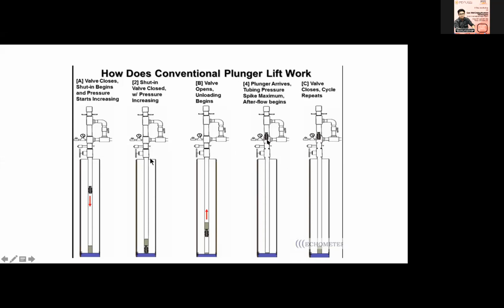As the plunger arrives, your tubing pressure will increase, your plunger will be sensed by your sensor, and then your plunger catcher will catch the plunger. So like that, you are going to have a cycle: valve shut in, valve open, plunger arrival, and then valve closes. And after that, you will drop your plunger again.